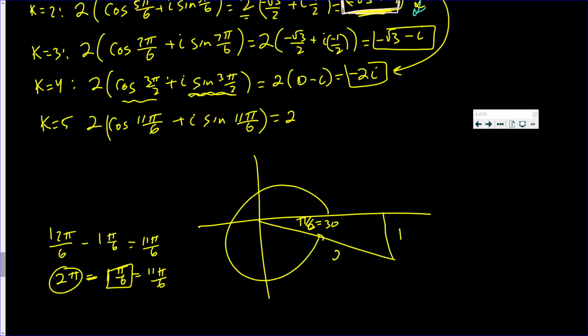1, 2, square root of 3. Since this is down, it is negative. Since this is to the right, it is positive. The cosine of this reference angle is radical 3 over 2. Plus I, maybe minus, I don't know.